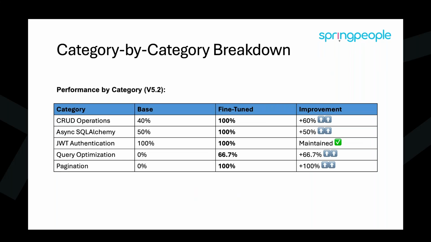And so when I use the word category, it was all about how efficiently it would handle your CRUD operations, or FastAPI being async. It's much like your Node.js, or rather, it is architecturally the same as Node.js, right? It is an event-driven loop. And query optimization and things like that.